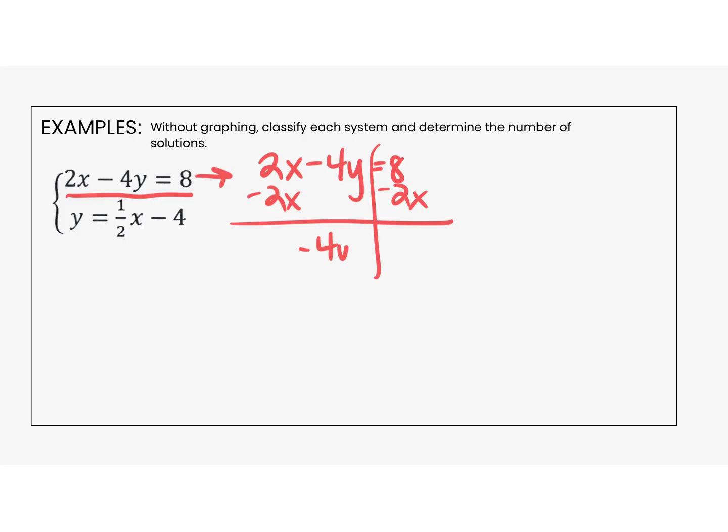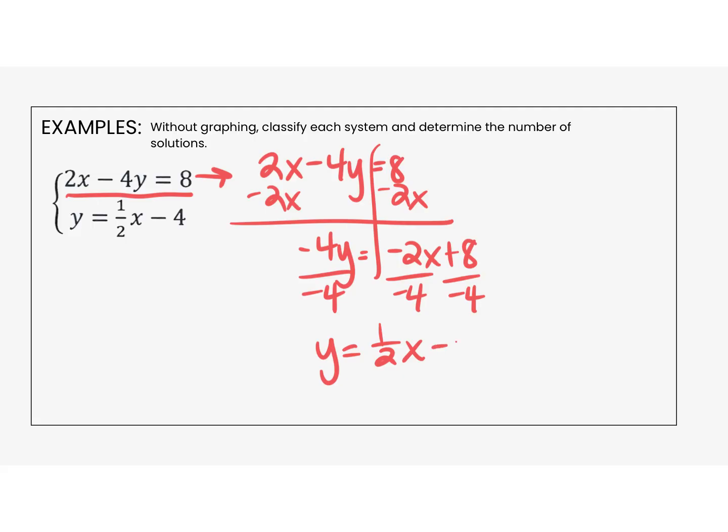I get negative 4y equals negative 2x plus 8. And then divide by negative 4. So I get y equals 1/2 x minus 2. That's my first equation. So that gives me that my slope is 1/2 and my y-intercept is 0, negative 2.